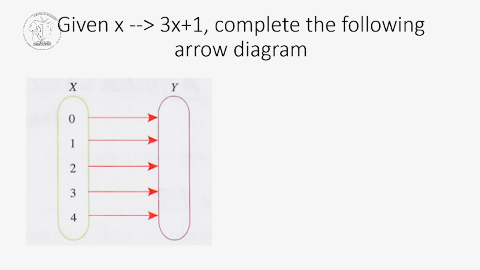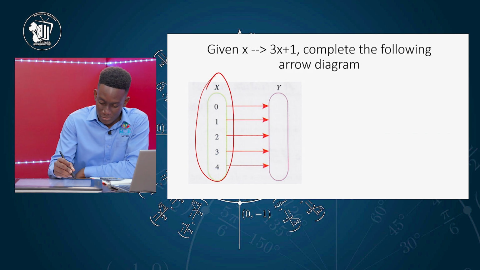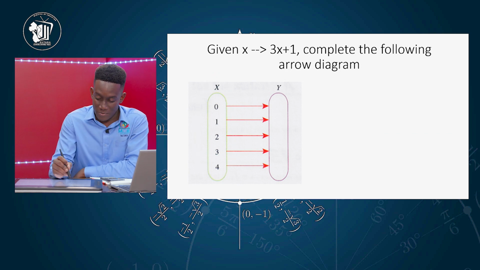So this exercise is, given X is mapped onto 3X plus 1, complete the arrow diagram. So we have all of the elements in the domain, which is X, and it's being mapped onto the codomain using the rule 3x plus 1.